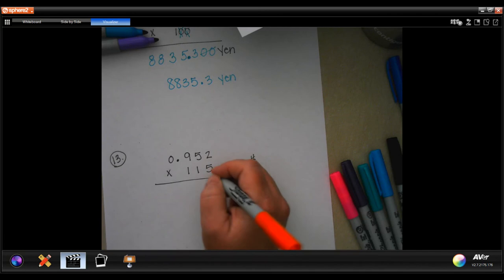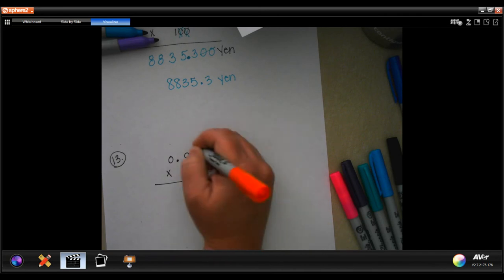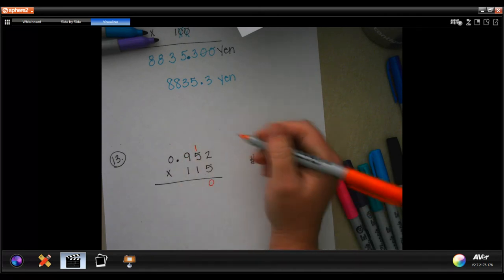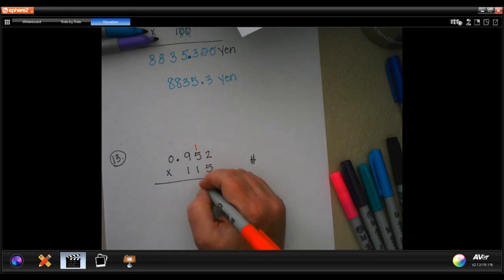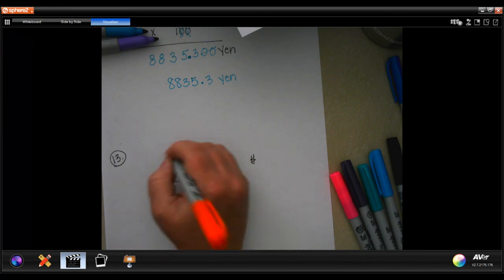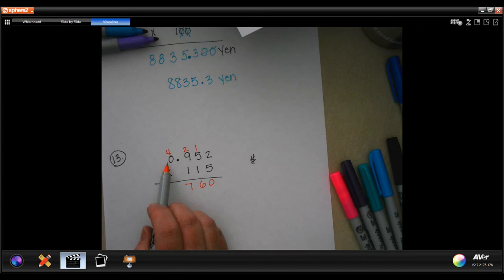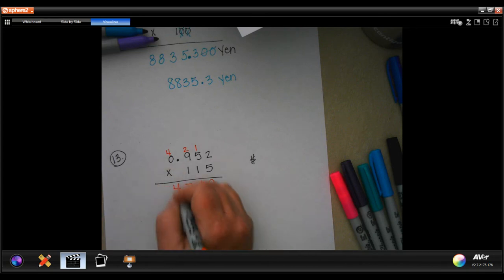Okay, so I'm going to start with my first row and go 5 times 2 is 10, carry the 1. 5 times 5 is 25, plus 1 is 26, carry our 2. 5 times 9 is 45, plus 2 more is 47, carry our 4. 5 times 0 is going to be 0, plus 4 is going to be 4.